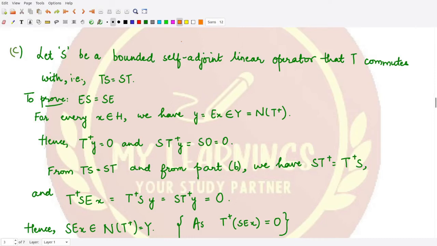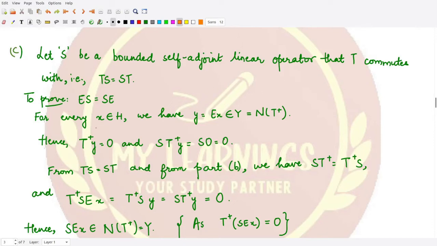If we take some element x from the given Hilbert space H, then this E would map that particular x to y, where y is present in the null space of T positive. So you have taken this x from the given Hilbert space and you are mapping it to the corresponding null space of T positive. That is the terminology here that we are using.